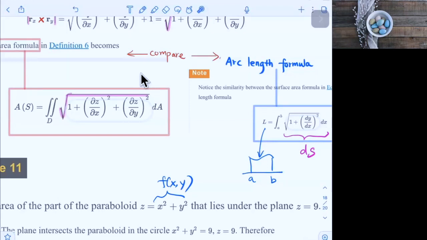And you see this one here, y is a function of x, and you take the derivative of that, and you see it with respect to x, squared. And here z is a function of x and y. So it's the partial derivative with respect to x squared, and the partial derivative with respect to y squared. So you see the relationship. This is for the surface area, and this is for the arc length.